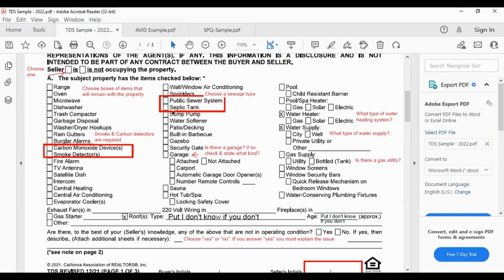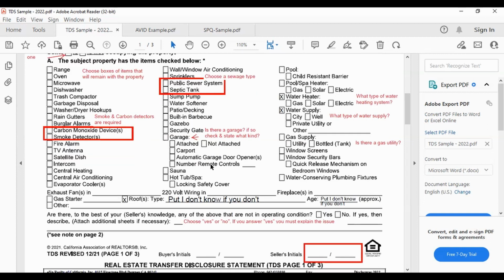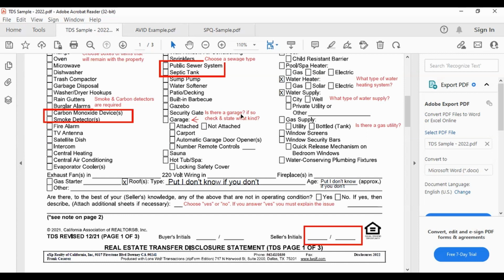So it's usually one or the other. Now the seller is supposed to check one or the other, but sometimes they don't. So to me, that would not be complete either. And I'll explain to you in a few minutes why these arguments can be important and how you could buy time.